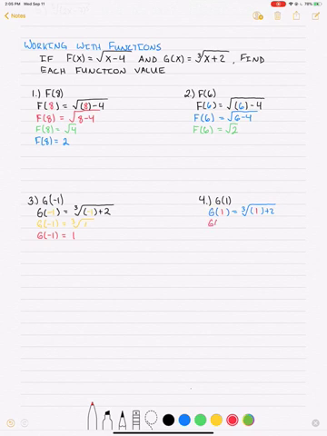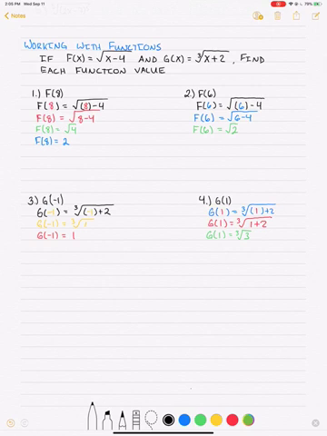And I have g of 1 equals the cube root of 1 plus 2. 1 plus 2 is 3. So g of 1 equals the cube root of 3. If I take the cube root of 3, I'm not going to get anything but a decimal. And I'm going to go ahead and leave my answer as is instead of writing in the decimal, just like we did for example 2.